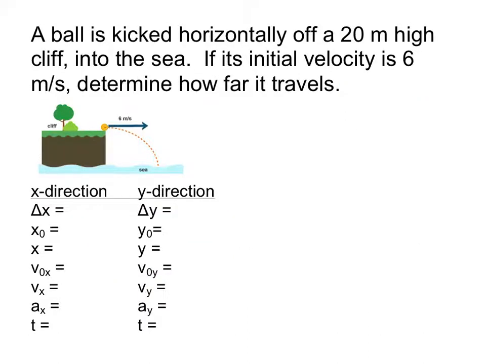Okay, so in this problem, we have a ball that's kicked horizontally off a 20-meter high cliff into the sea. If its initial velocity is 6 meters per second, determine how far it travels. So first up, let's list everything that we know. Now here, this is the table that I'll usually use for organizing my data.